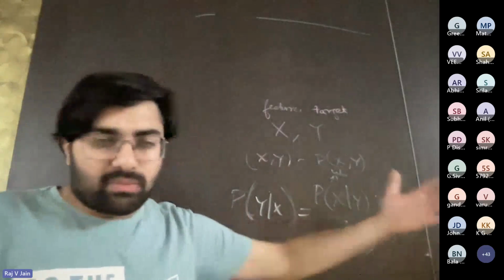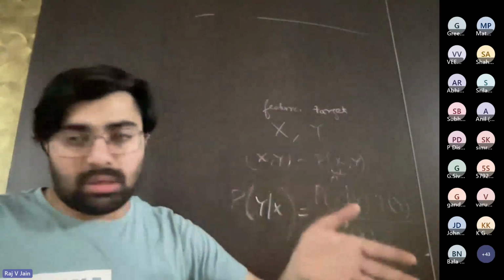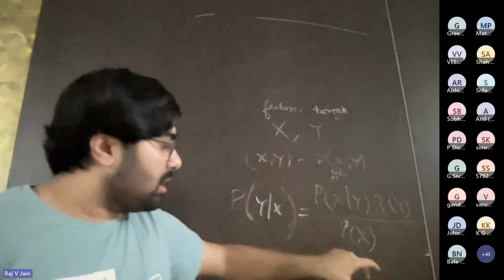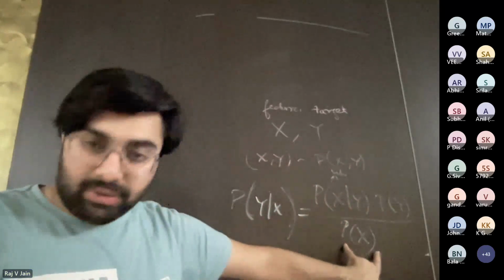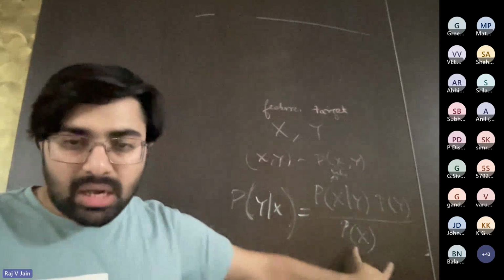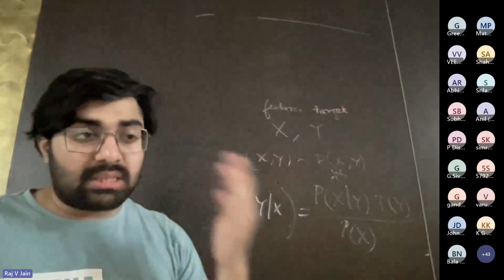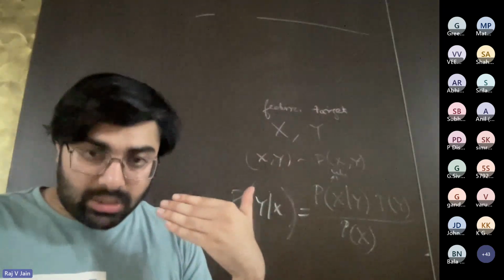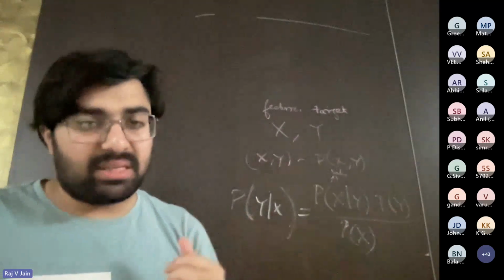We generally take equal priors unless you want to bias your decisions. And probability of X tells you what is the probability of getting an image like this in the first place.